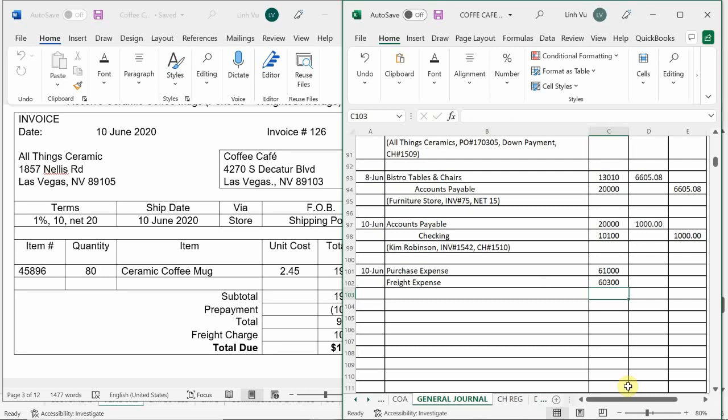I'm going to choose to owe All Things Ceramics. So what account would I use to represent that I owe money? Accounts payable. Good.